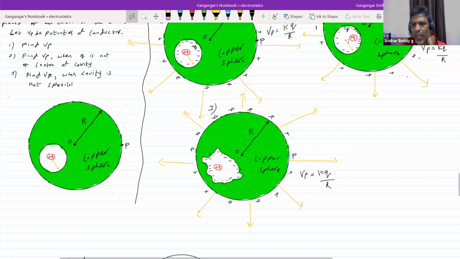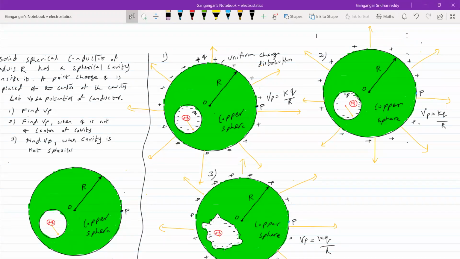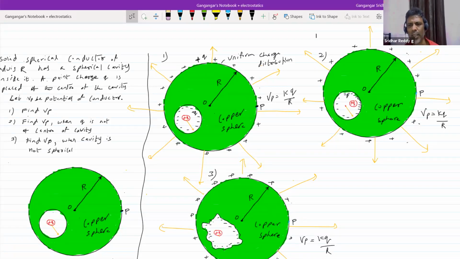The outer surface will behave similar to a charged conducting sphere, no? The lines of force are similar to that one. So what is the potential on the surface of a conducting sphere? KQ by R, the same formula. Even the third case also. I'm not bothered about the cavity inside.